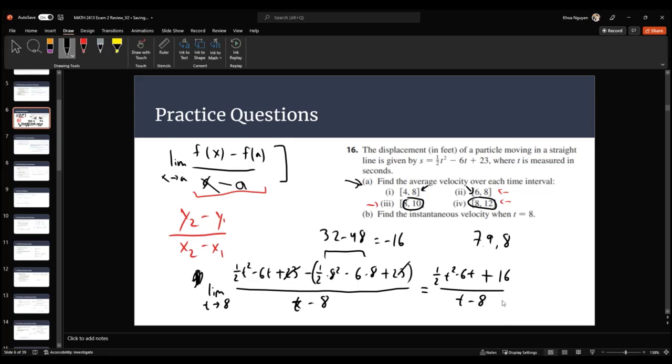And then, let's see here. If you multiply by 2 on the top and bottom, you should get t squared minus 12t plus 24 all over 2 times t minus 8. And then if you factor this, factorable? I don't think that's factorable. I'm messing something up.